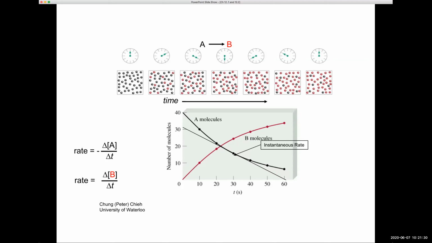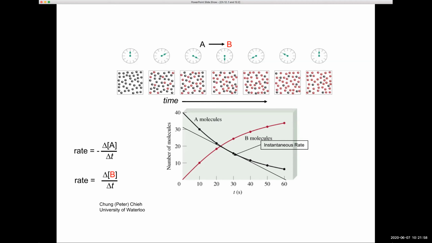So the change in concentration of A, if we look at this, I won't use my notepad, I'll just talk about it, is 0 minus about 32. So delta A is minus 32, and delta T is 60 minus 0, which is 60.